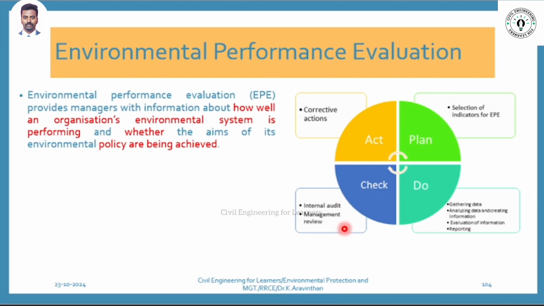After analyzing, they have to take some decision. That is called check. How will they do it? By conducting audits. You will have internal audits and external audits. The management review is another example, and corrective action. Corrective action is what they have to do after analyzing and deciding.